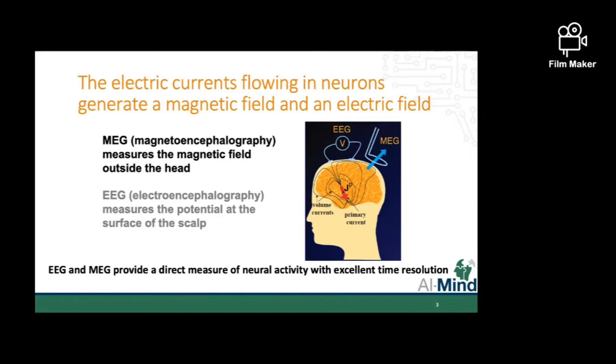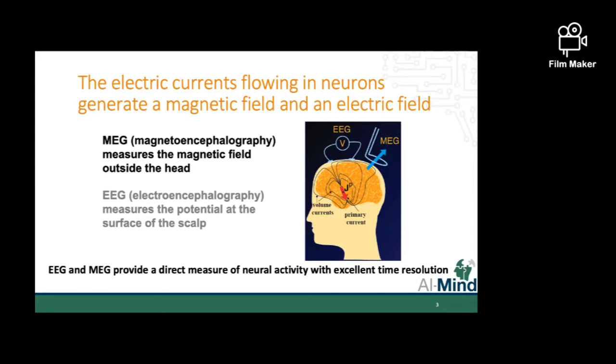And this is what we can measure with MEG and EEG. With MEG, we can measure the magnetic field caused by neural activity outside the head. And with EEG, we can measure the potential at the surface of the scalp related to these same neural currents.